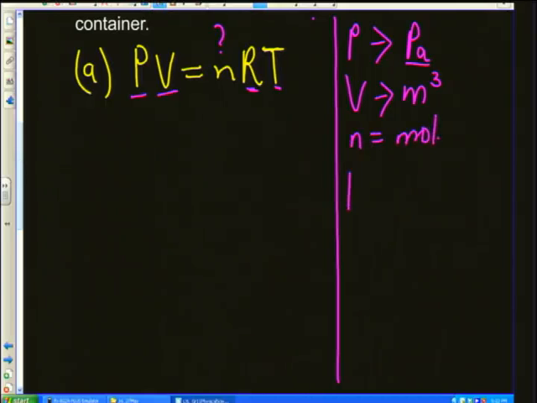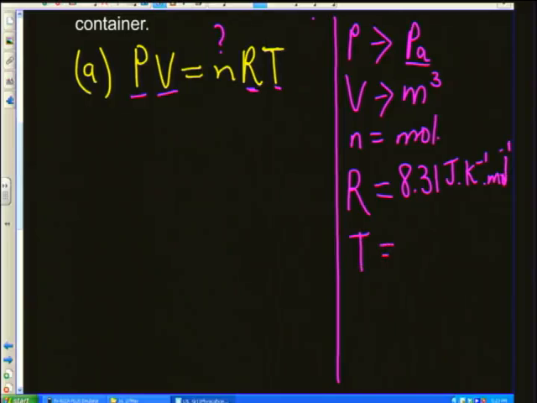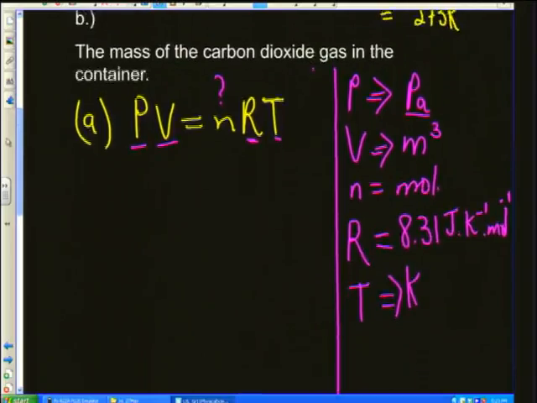And R is the universal gas constant, which is always known to be 8.31 joules per Kelvin per mole. Allow me to write it like that because I don't have much space. And the temperature must always be in Kelvin. So this is very important.